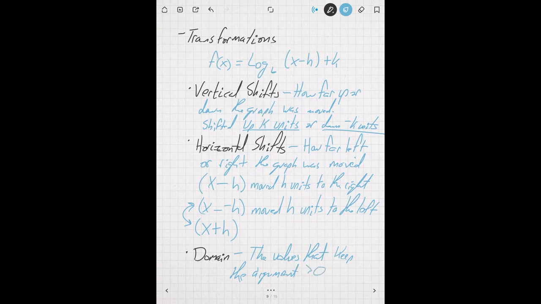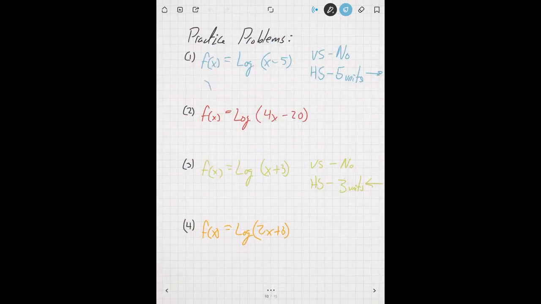So the domain is what values can you plug in for x to keep the argument greater than 0. So let's take a look at that in this problem. We said x minus 5 has to be greater than 0, so x has to be greater than 5. So our domain, I'll just write that as a D, the domain should be 5 to infinity.